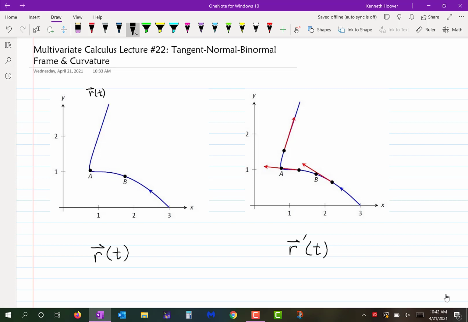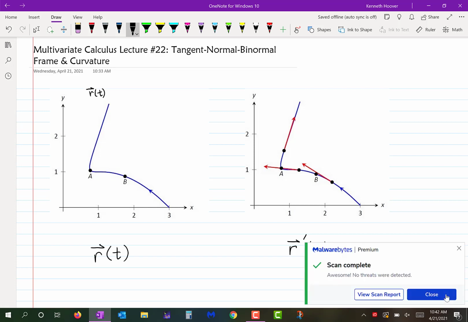For a vector valued function, the derivative of a vector will be a vector, not a number. Okay, so instead of being the slope, which tells you how fast the graph would be going up or down, instead it's a vector. The derivative of a vector is a vector. Okay, so instead of being the slope, it is an arrow that's pointing in the direction of the curve.